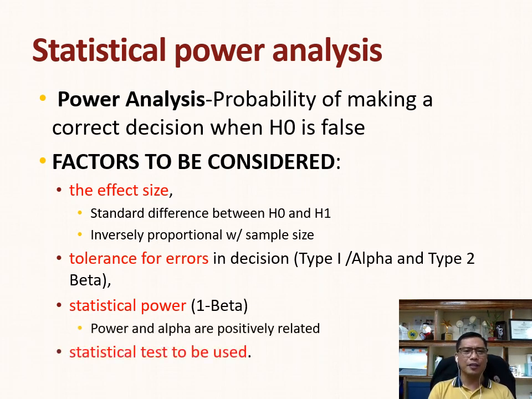These are considerations, and if you could note here, the total population is not considered as a factor. Regardless of the total population, it should not be one of those factors in how you arrive at a certain sample size. Hopefully, you would erase that misconception.